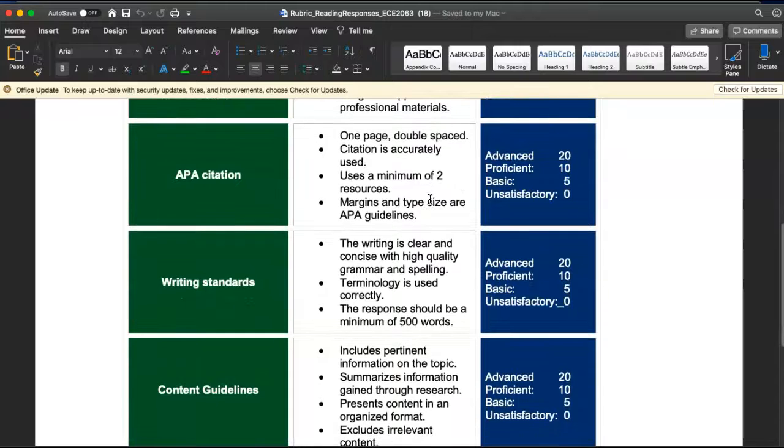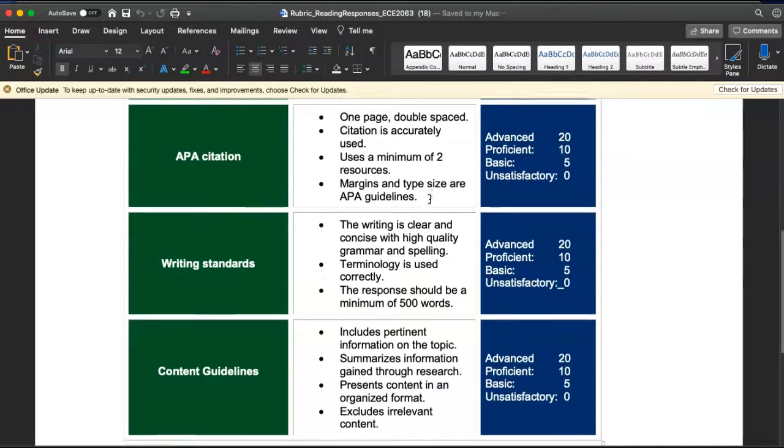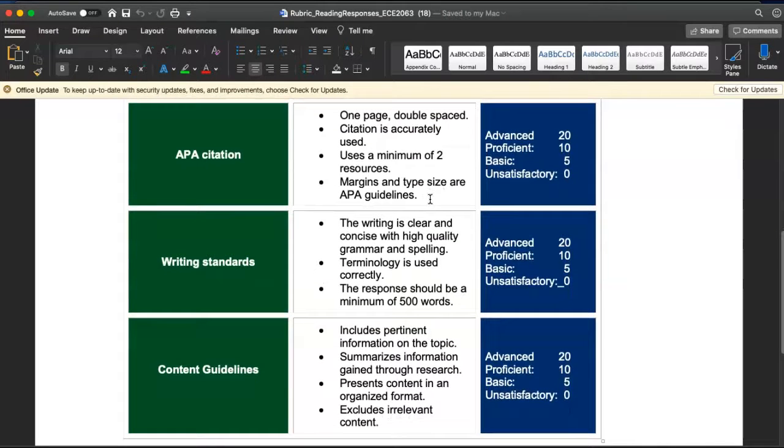It should be 1 page, double-spaced. Make sure that you are using citations correctly and referencing those citations. You must have 2 resources, and make sure that your margins and type size are following APA 7 guidelines.